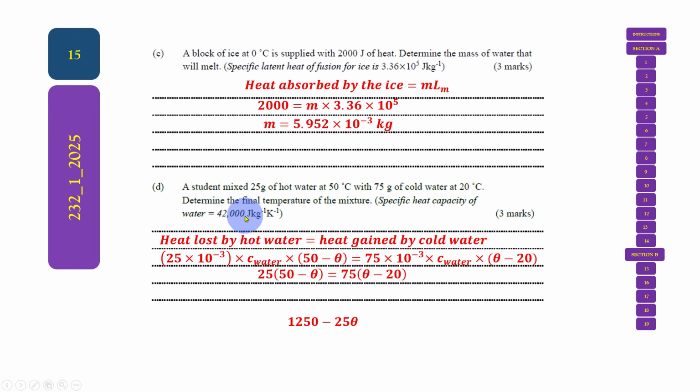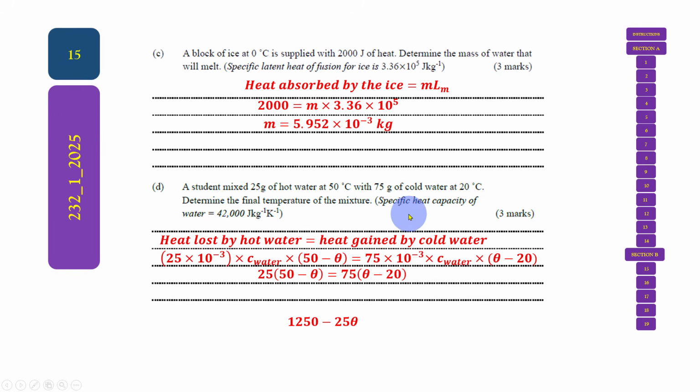The other option is for you to use the correct value, because we know it is 4,200. If you use the correct value of the specific capacity, they will mark your work according to how you have substituted in values. So there is no need to panic when you find that wrong values have been provided.